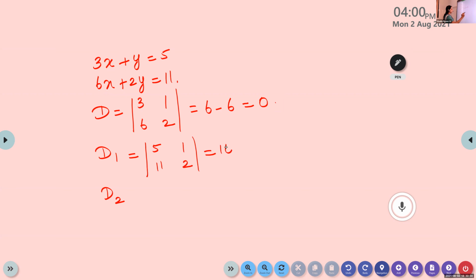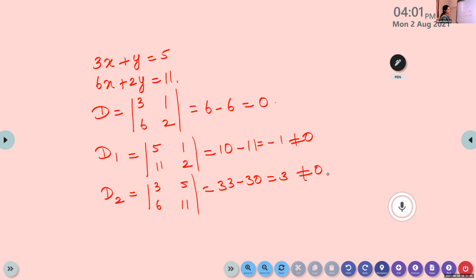So you get 10 minus 11, which is minus 1. What about D2? 3, 6, 5, 11. So we get 33 minus 30, which is equal to 3. Both are not equal to 0.